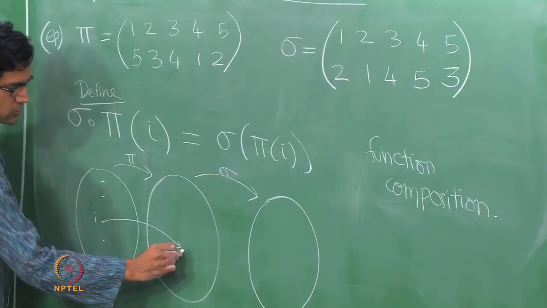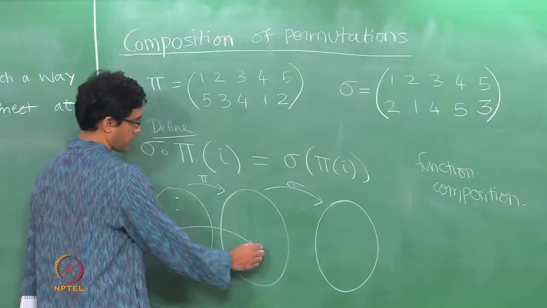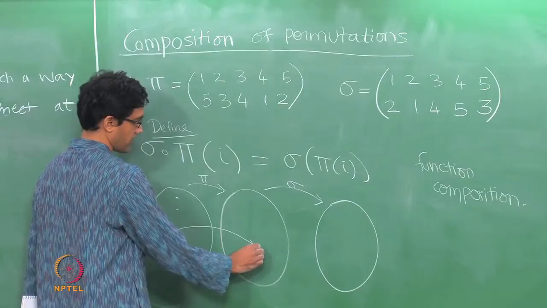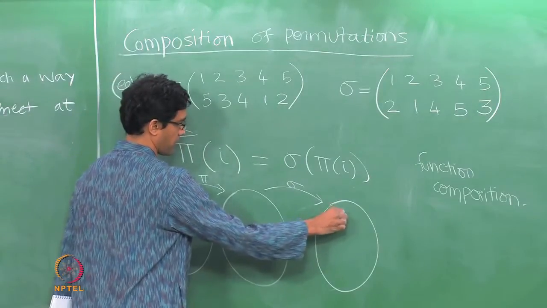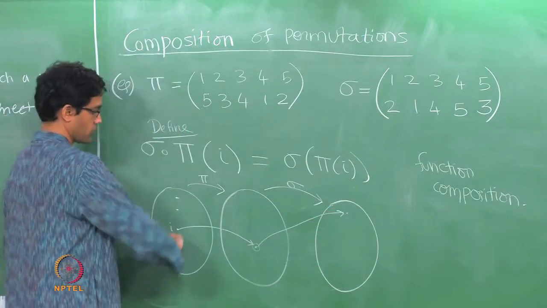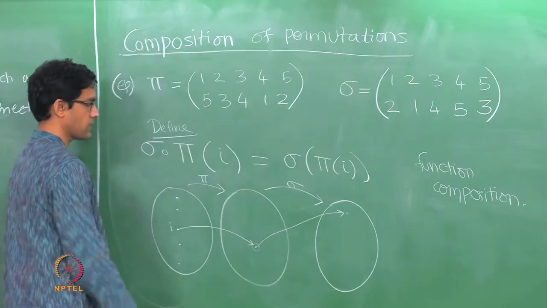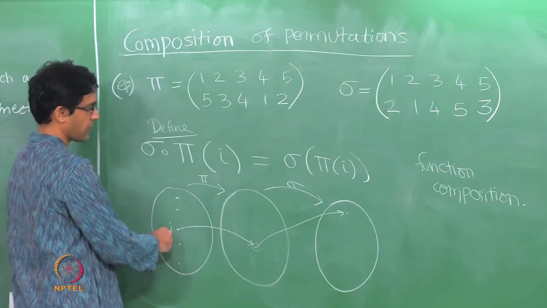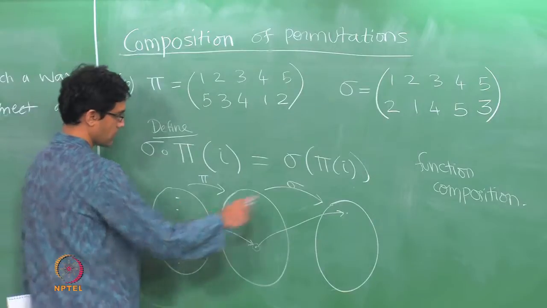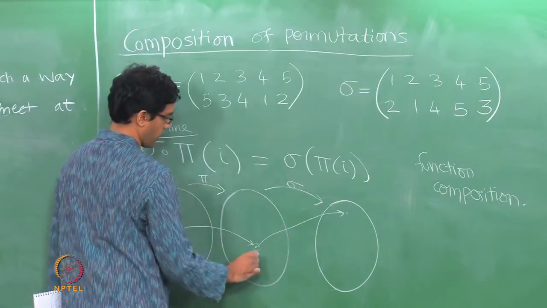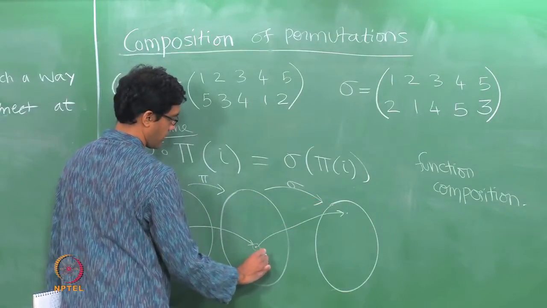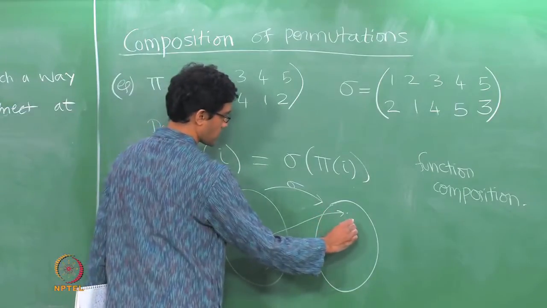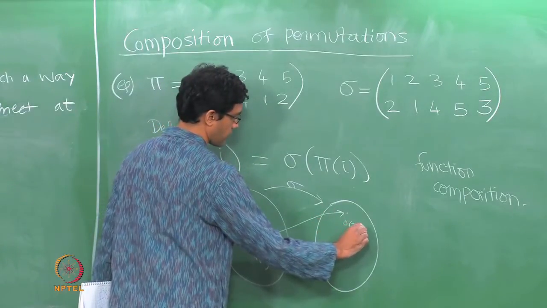It maybe maps it to some other number, and then whatever that number is, I see what sigma does to it. So maybe sigma maps it to this number. So these two steps, one after the other, tell me what i finally maps to. It goes to sigma evaluated on pi of i. So this is the number pi of i, and this final answer is just sigma evaluated on pi of i.